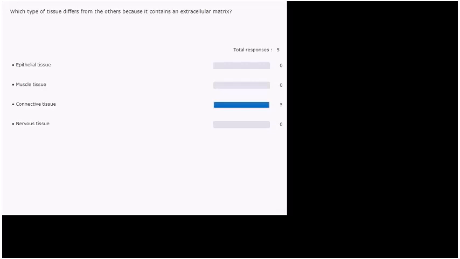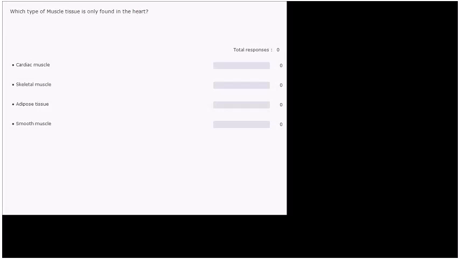I think I have a couple more. Let's see here. Question 6. Which type of muscle tissue is only found in the heart? Cardiac, skeletal, adipose, or smooth muscle? Everyone's very quick on this one, and you are correct. It is cardiac muscle tissue. So you're only going to find that in your heart.